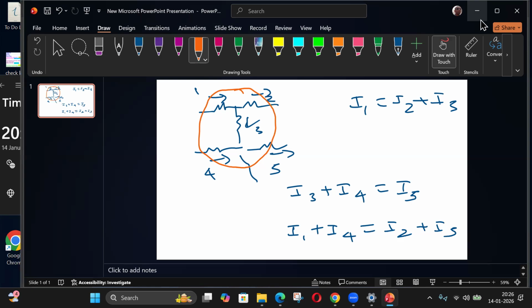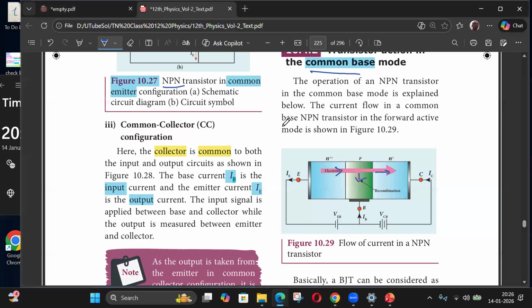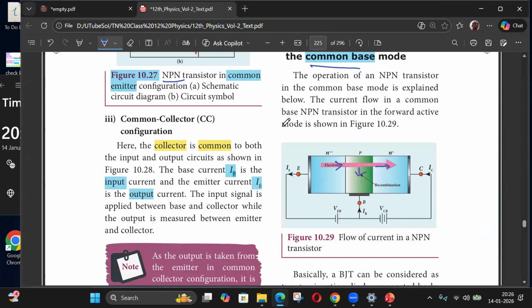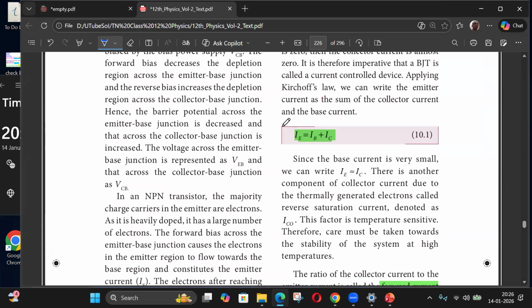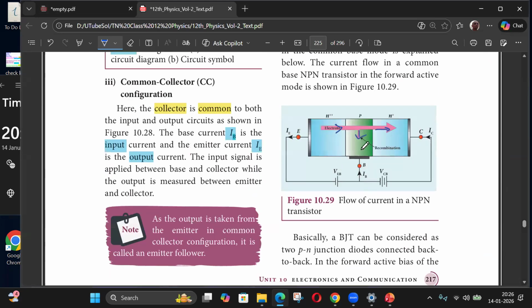So for this transistor, I can take a surface like this.